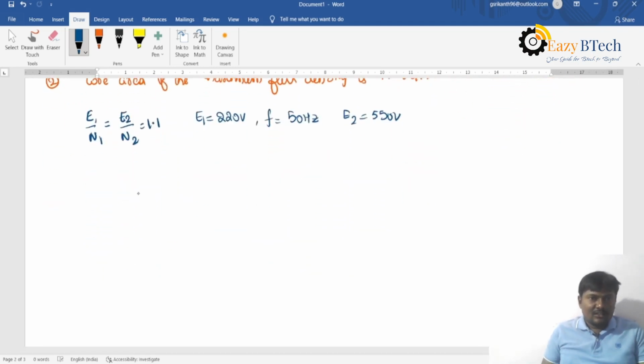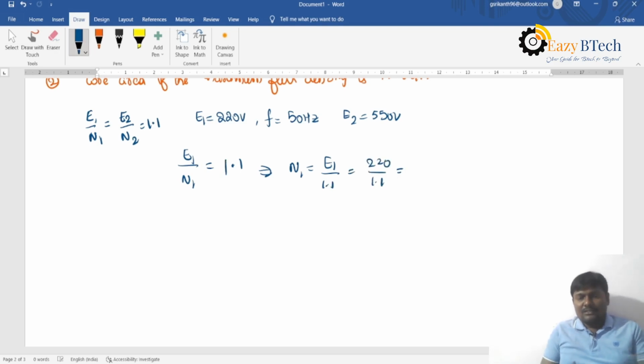Okay. So E1 by N1 is equal to 1.1. From this N1 is equal to E1 by 1.1. E1 is 220 divided by 1.1, so that should be equal to 200 turns.